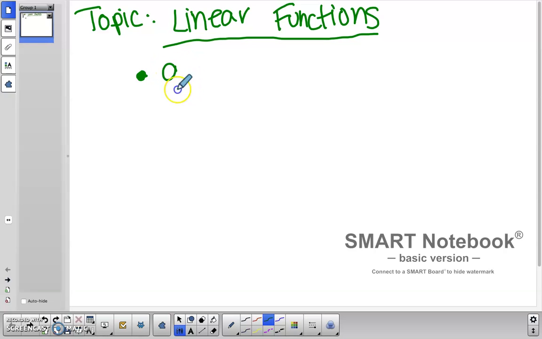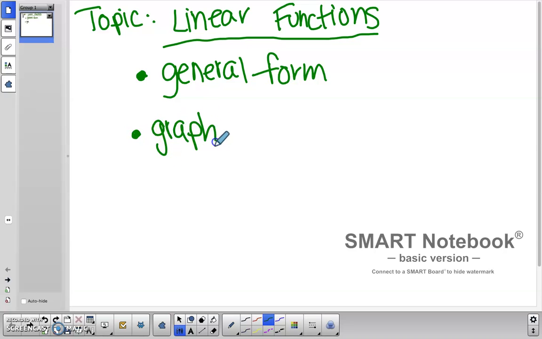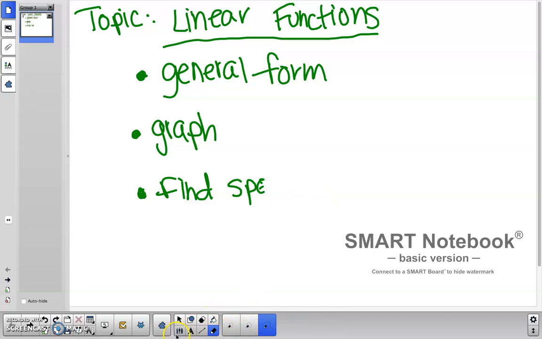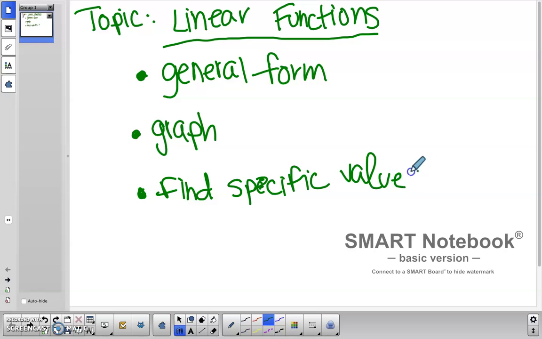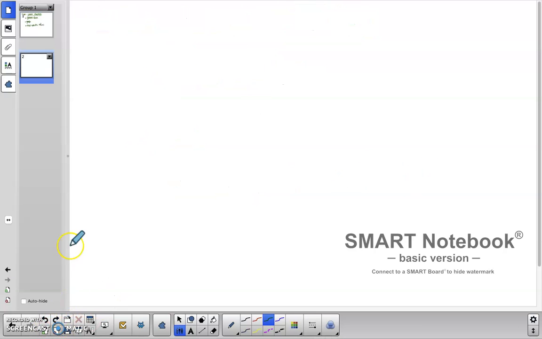So first you're going to learn about the general form, and then we're going to learn about how to graph linear functions, and we're going to learn how to find specific values. Okay?